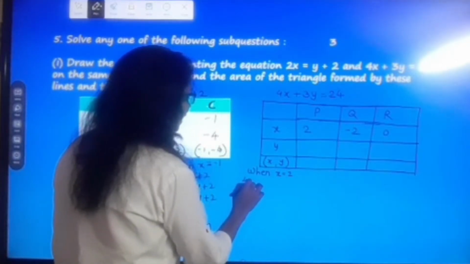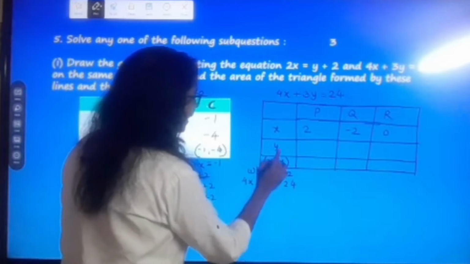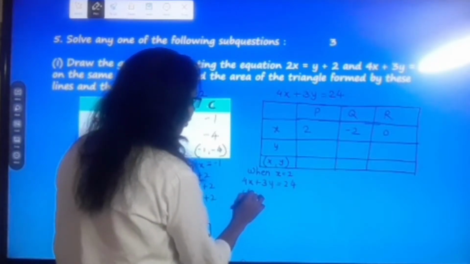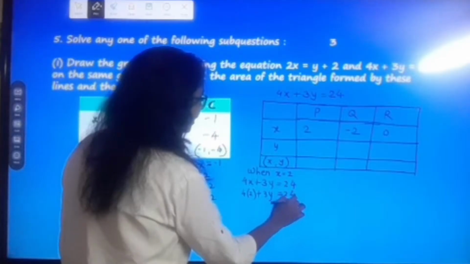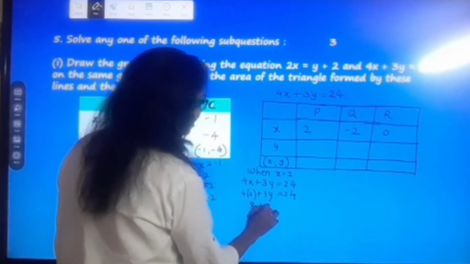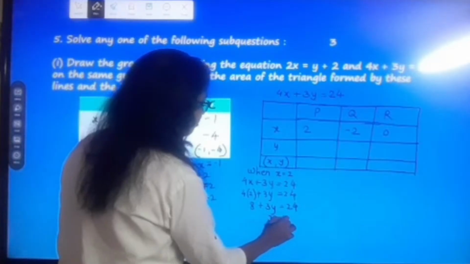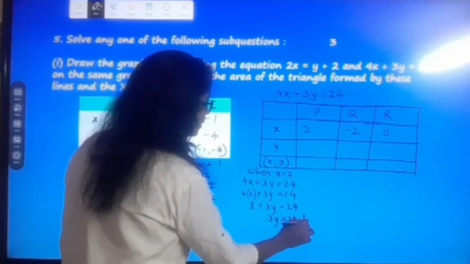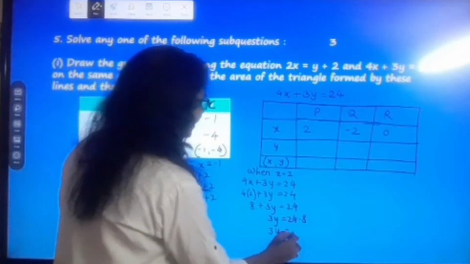Then I write down the equation 4x plus 3y is equal to 24. Then I put the value of 2 here. So 4 multiply 2 plus 3y is equal to 24. So 8 plus 3y is equal to 24. So 3y is equal to 24 minus 8. So 3y is equal to, students, 16.